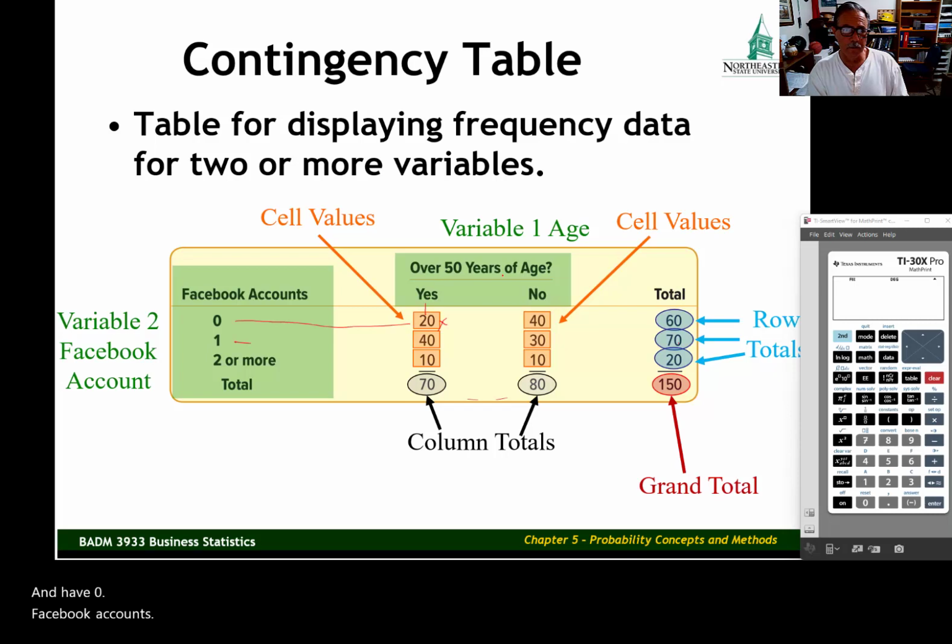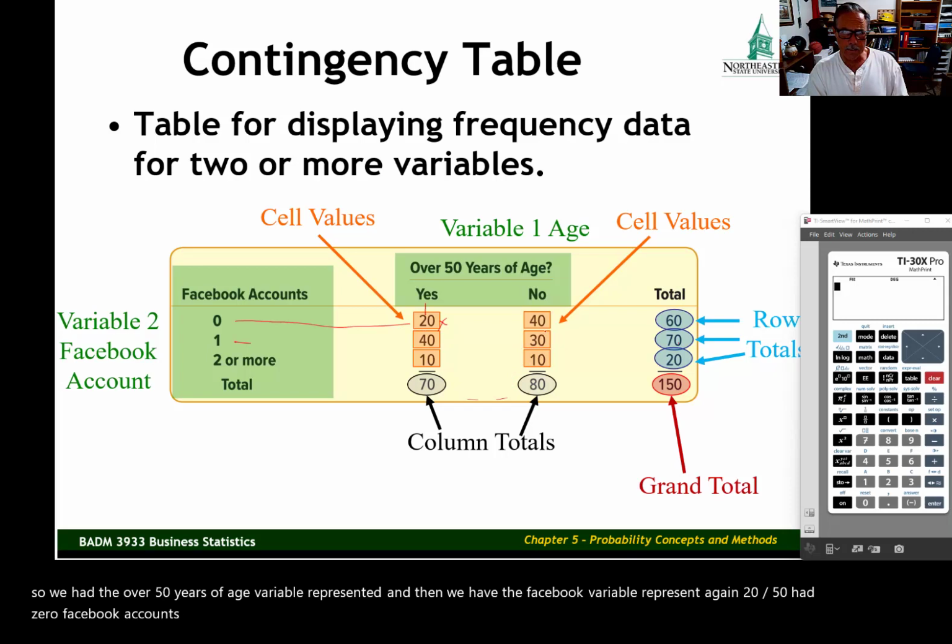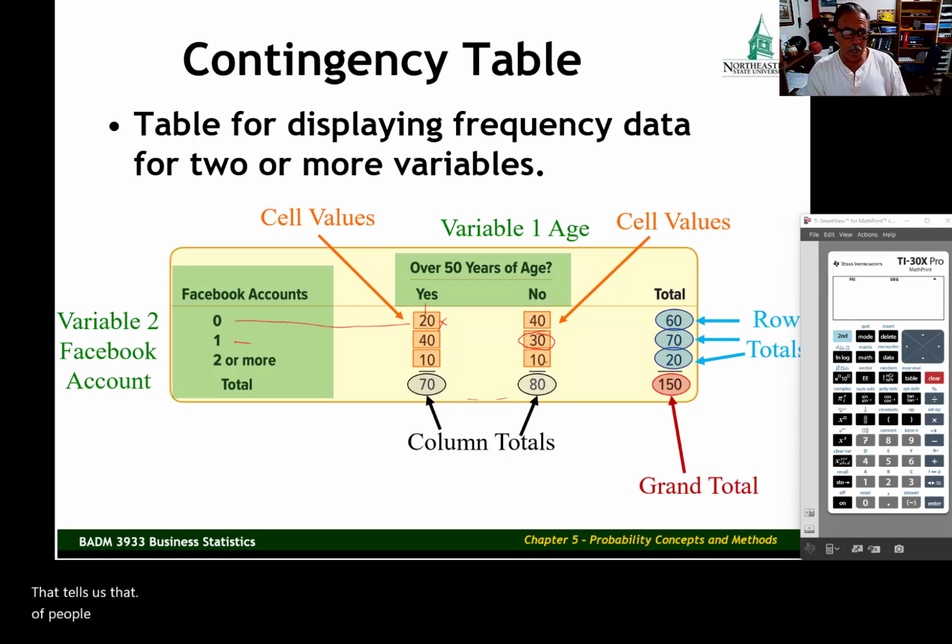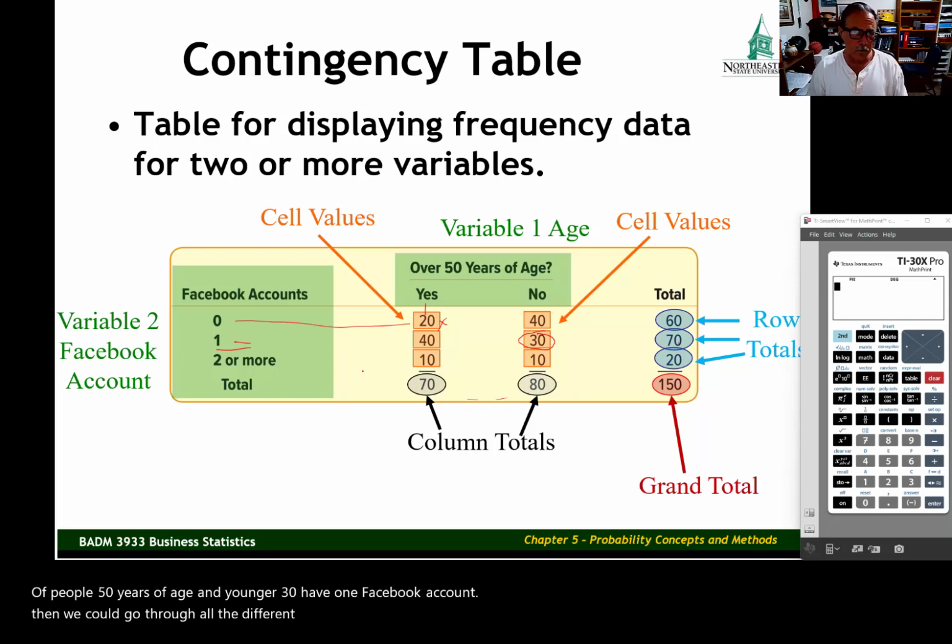So we have the over 50 years of age variable represented, and then we have the Facebook variable represented. Again, 20 over 50 had 0 Facebook accounts. If we look at this cell value, that tells us that of people 50 years of age and younger, 30 have 1 Facebook account. Then we could go through all the different cell values and interpret each of those, but you should have the idea of what we're getting at.